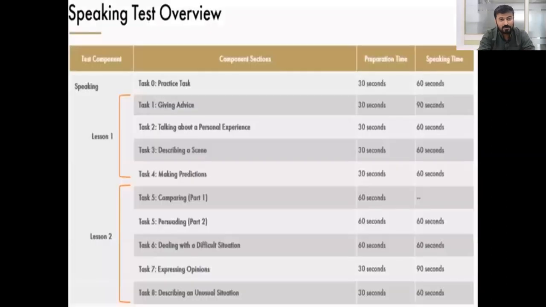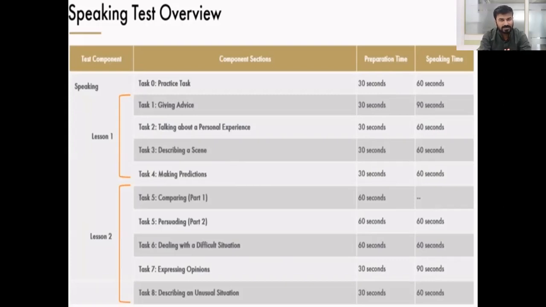If I talk about the speaking module of this examination, it is divided into, in total, 8 tasks. So there are 8 different tasks that the candidate would come across on their screen while they are attempting this test. The first task is to be considered as task 0.